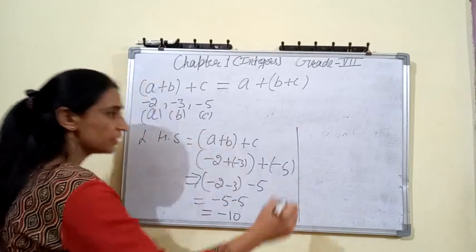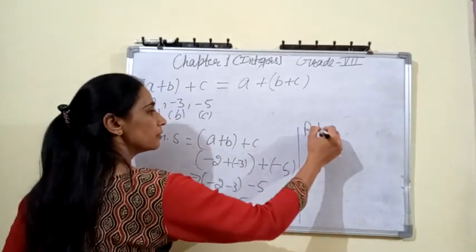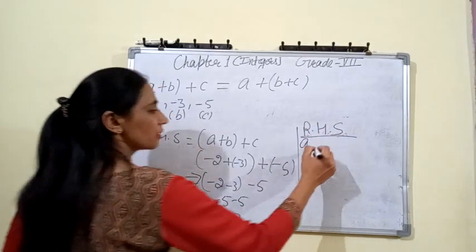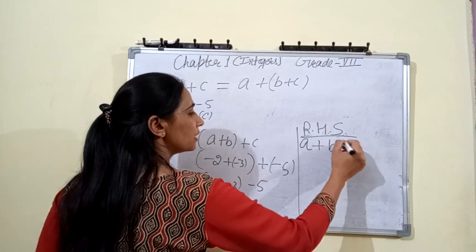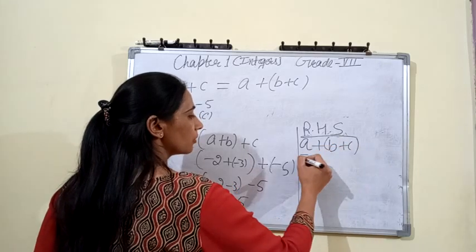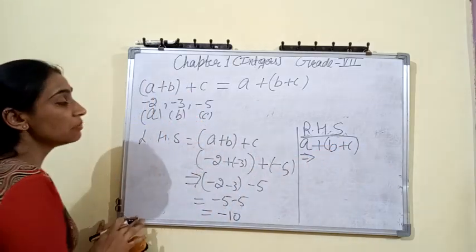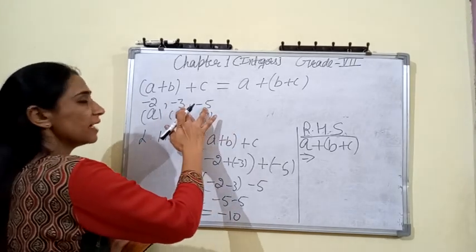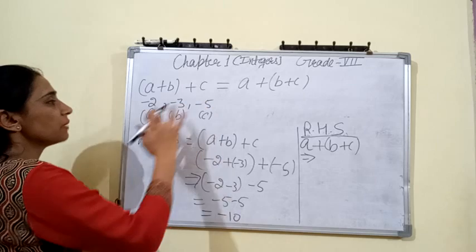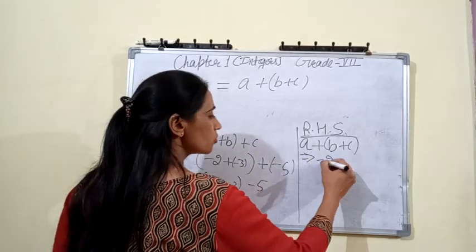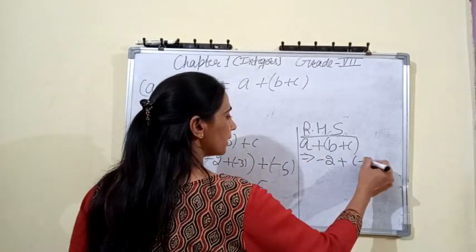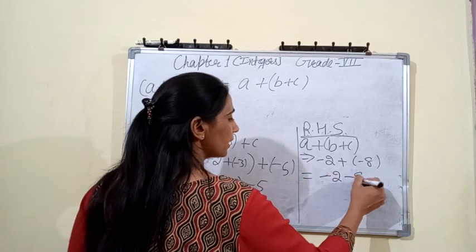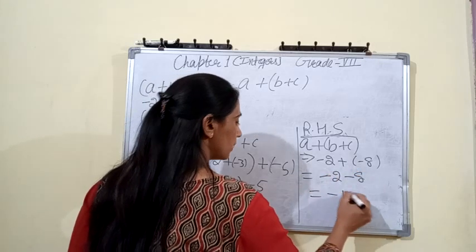On the other side, take the right hand side. A plus B plus C. First we will add B plus C. What is B plus C? If you add these two negative numbers, you will get -8. So -2 plus -8, that will be -10.